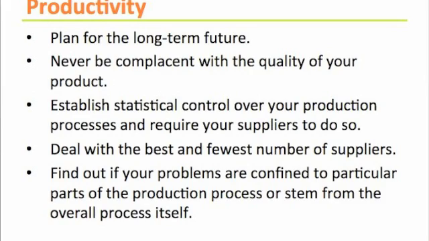Deming was a person that was really the father of modern process engineering, productivity, and improvement. So he had 14 points, and they were very well done. Essentially, it was planned for long term. Now, don't be complacent about quality. Quality is a relative term, but in the Deming sense, quality is, does it fit specifications?